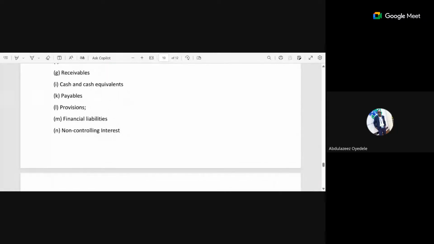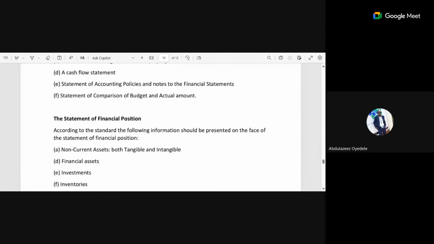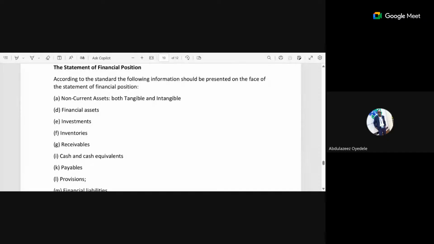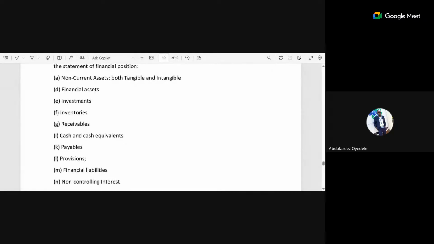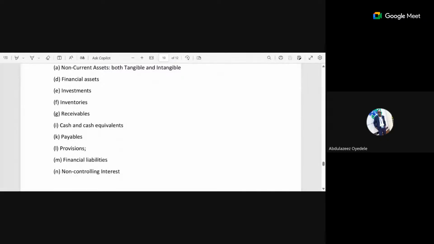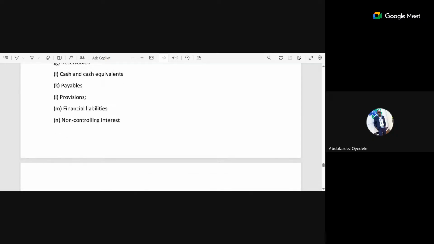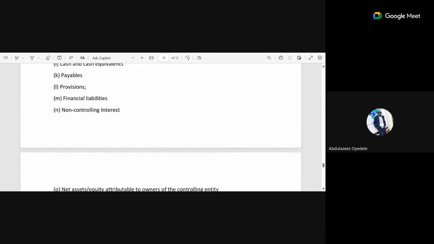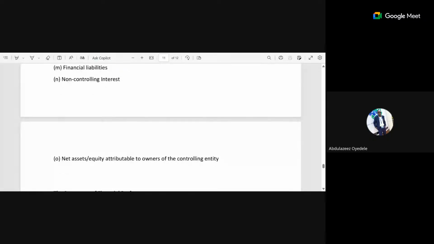So that's talking about their nature. The items, like we mentioned earlier, that are in the statement of financial position: the assets and the liabilities, with the non-current assets and the current assets, then the tangible and the non-tangible assets, financial assets, investments, inventories, receivables, cash as well. Then their liabilities include their payables, provisions, and so on.